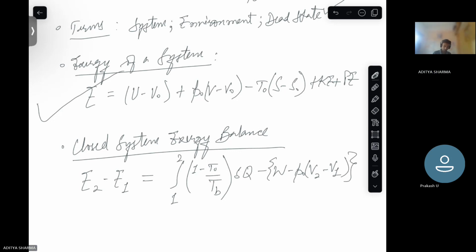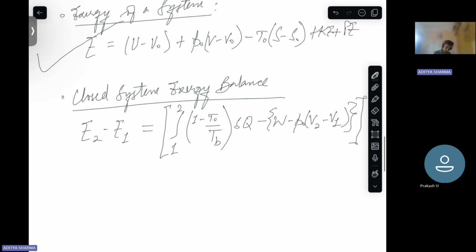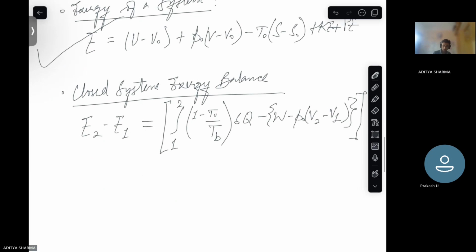This and then minus PU. So I was discussing earlier that in the previous session we discussed the entropy production, right?